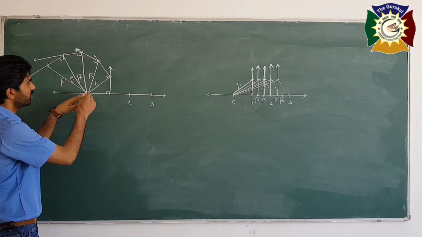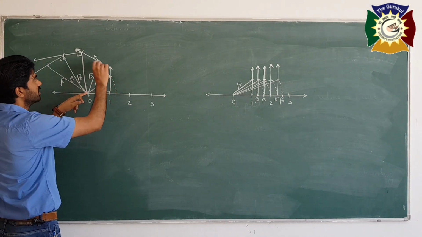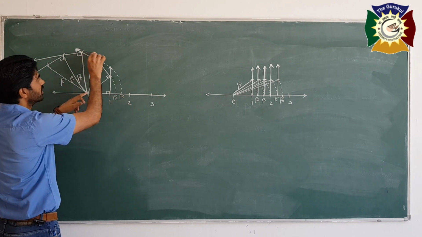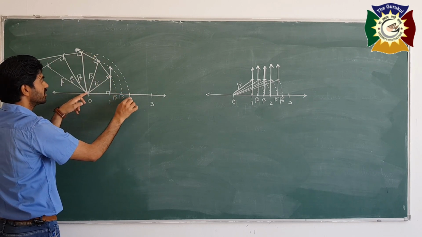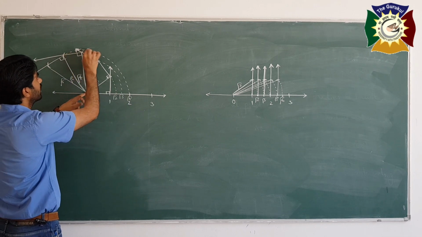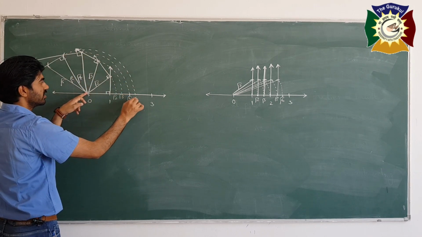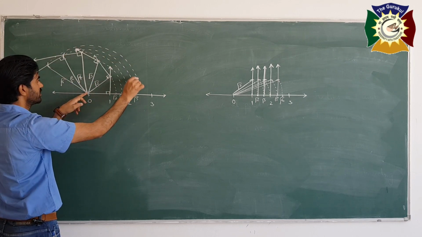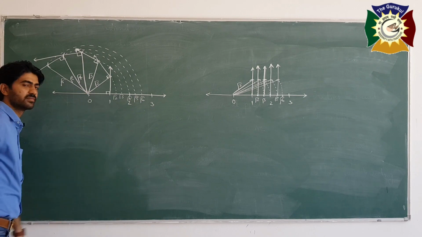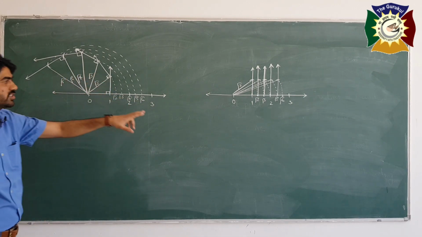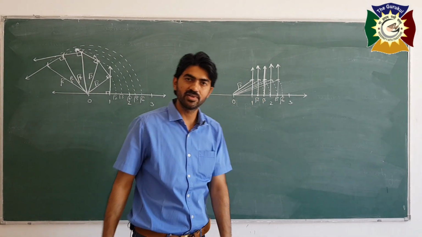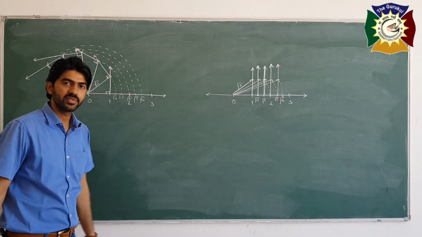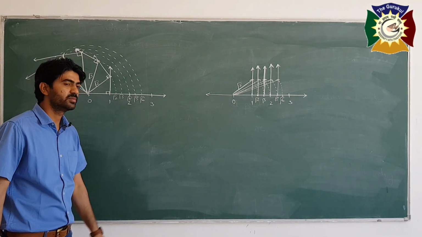If I have to represent from here, this arc, then this arc, root 2, root 3, this arc will represent root 4, this arc will represent root 5, this arc from here it will represent root 6. So this representation and this representation both are applicable. Any of the methods you can use to represent the square root of integers on the number line.